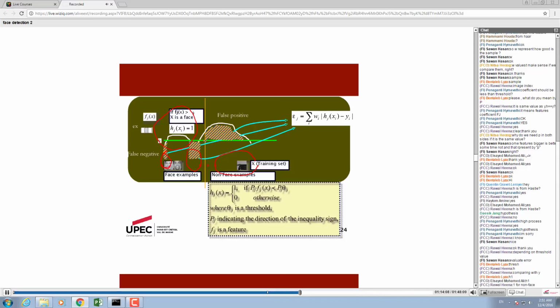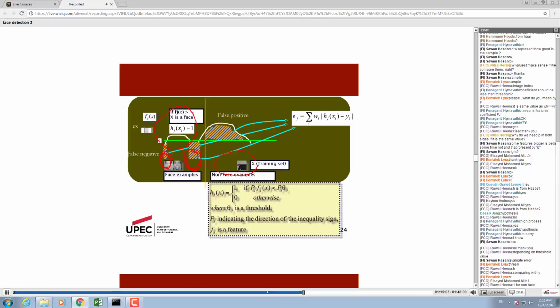We are talking about the left part, not the right one. Okay. So you can see the orange colored hatched area. That is the error case because faces should be larger than the green line, the threshold. That is H, the current H. We are now talking about just one H, one weak classifier.